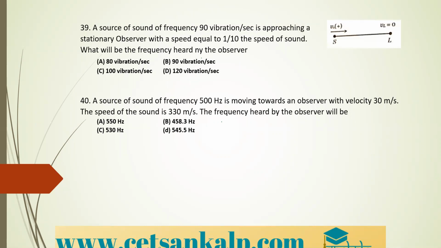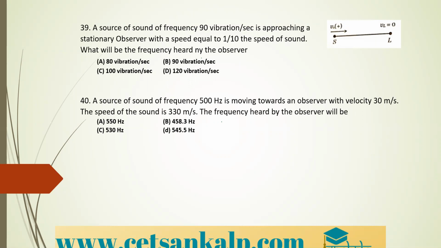So here, the source is coming towards the observer with a speed equal to 1 by 10 the speed of sound. What will be the frequency heard by the observer?